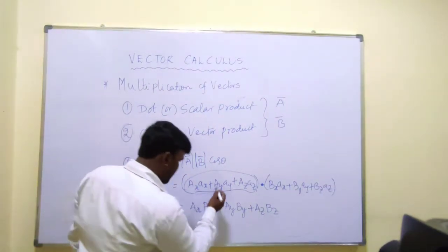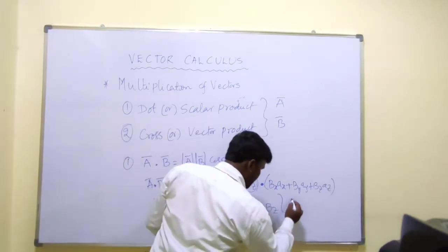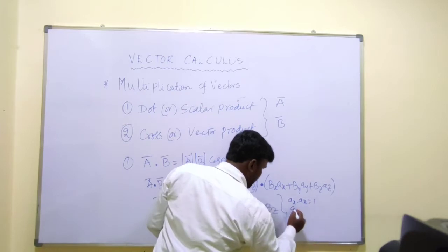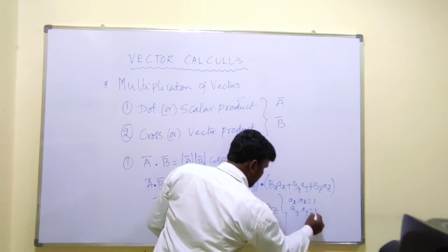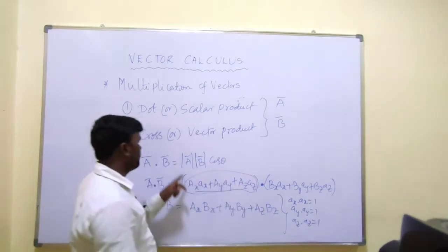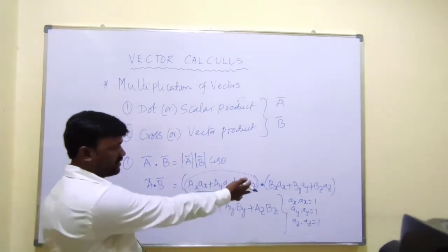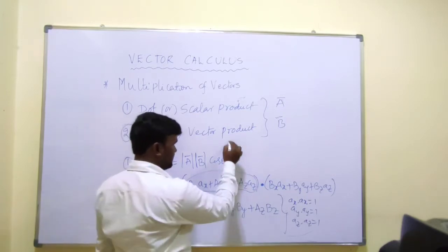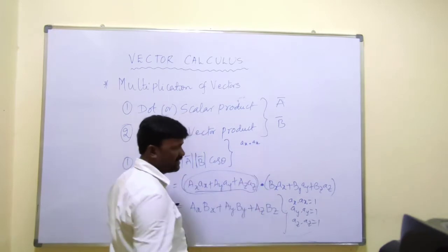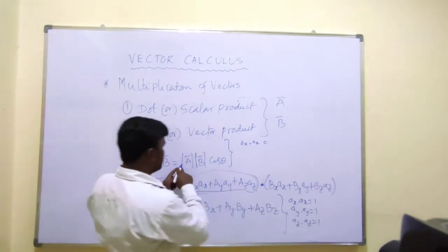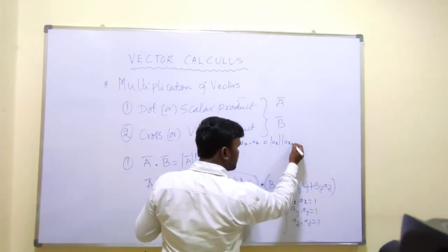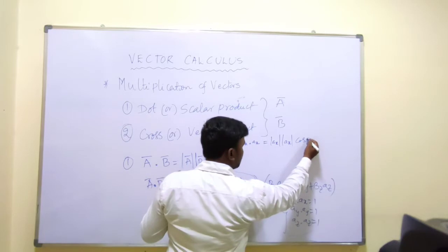Of course, we can note that i dot i is 1, j dot j is 1, k dot k is 1. Why? Because we apply this formula. Suppose I take i dot i equal to mod i mod i cos theta.